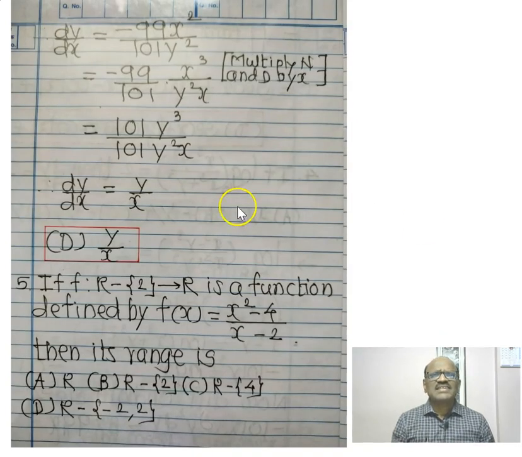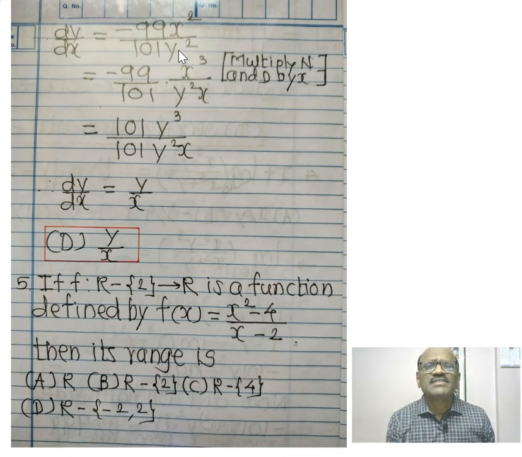Now next, see this, dy by dx is equal to minus 99 x square upon 101 y square. Now what he says, to adjust this, he multiplied the numerator and the denominator by x. If you multiply the numerator x square by x, then it becomes x cube upon y square into x. That is minus 99 upon 101 dot x cube upon y square into x.